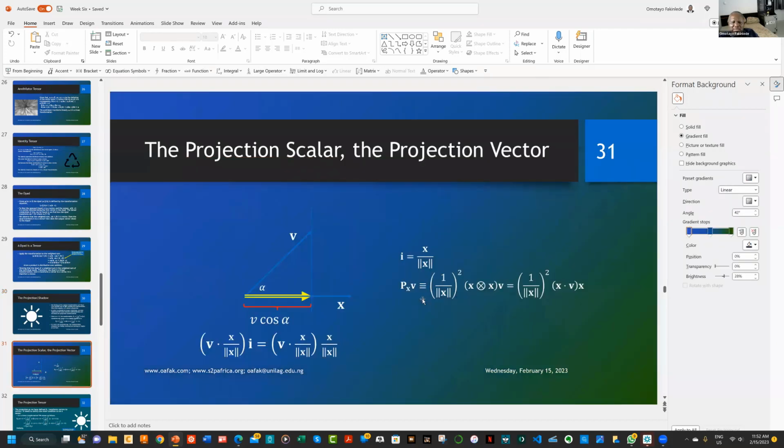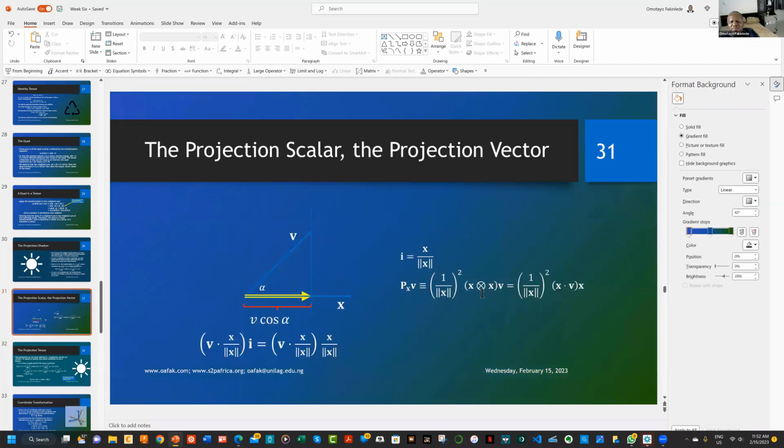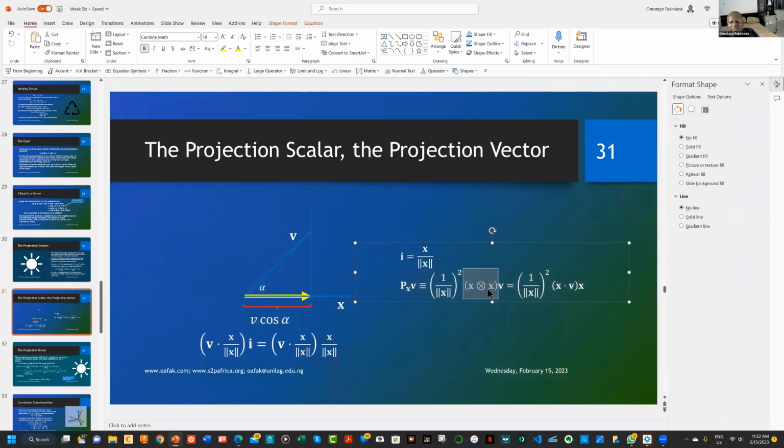So what are we going to do next? We now want to prove that the projection transformation is actually a linear transformation of vector to vector, and therefore is a tensor. Now, I have proved it here, but I don't want to waste my time proving it again. I have already proved that a dyad transforms a vector to a vector.